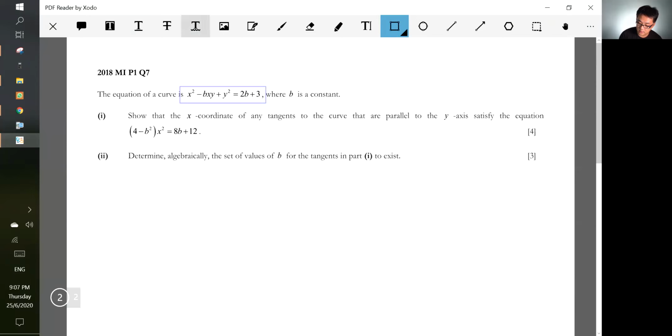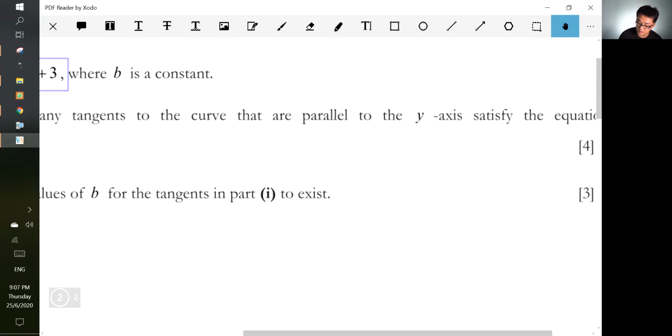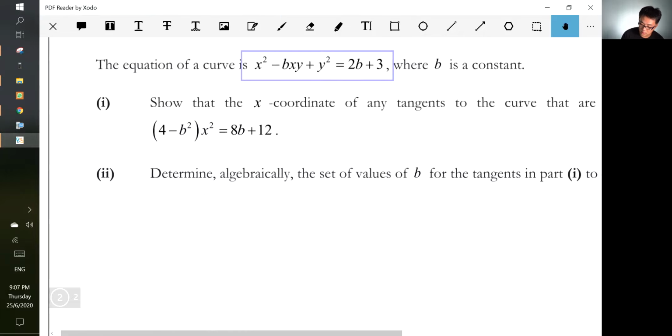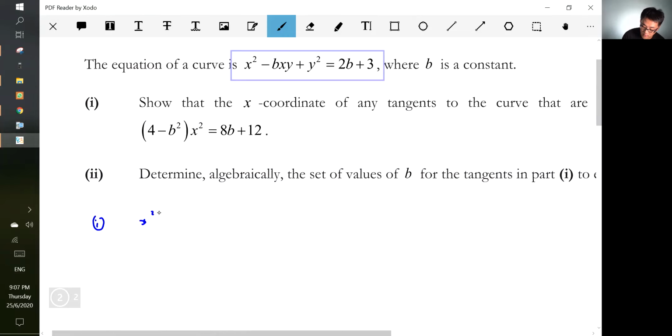Parallel to the y-axis just means that dy dx tends to infinity. It means the denominator tends to 0. Okay, so we just differentiate it first. So x squared minus bxy plus y squared equals to 2b plus 3. Differentiate with respect to x.